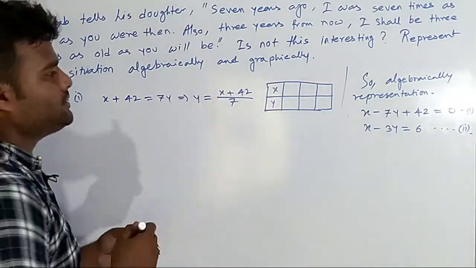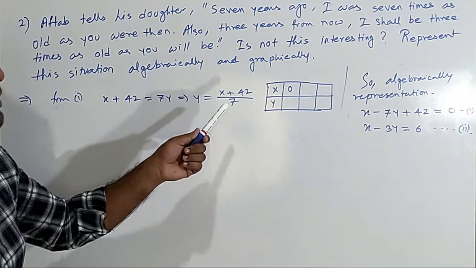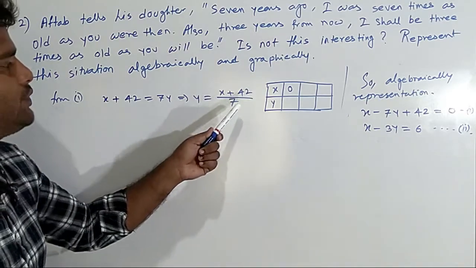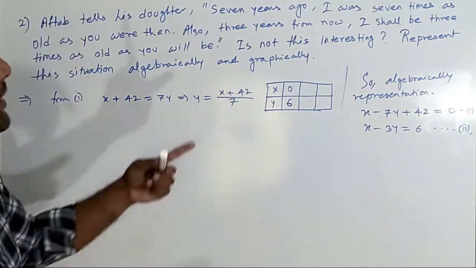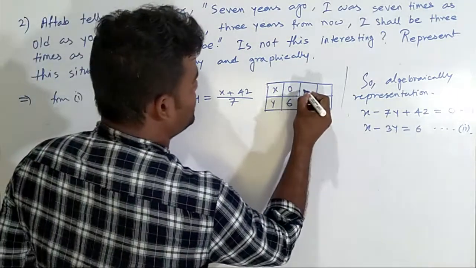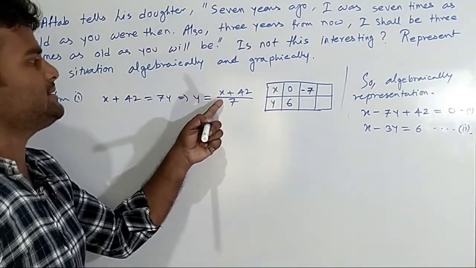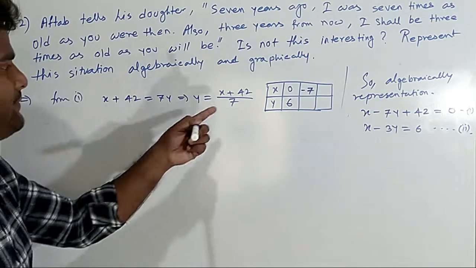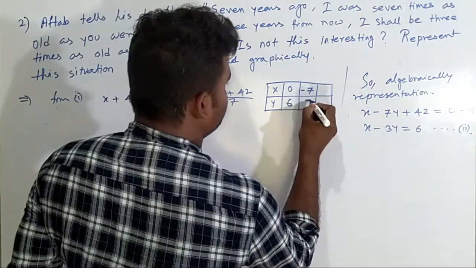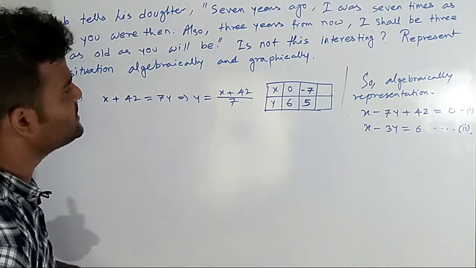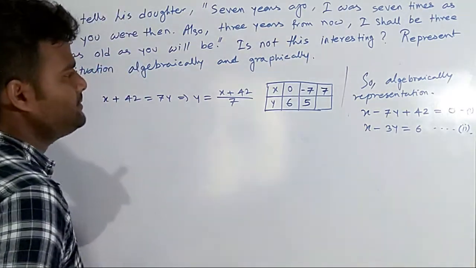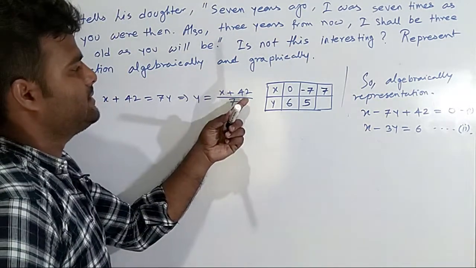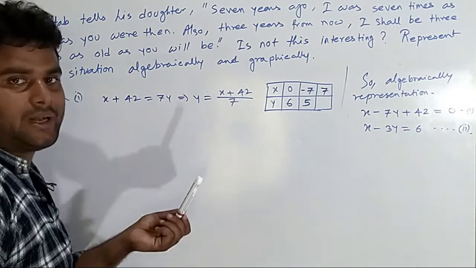For x equals 0, the value of y will be 42 by 7, that is 6. For x equals minus 7, minus 7 plus 42 is 35, 35 by 7, that is 5. If we put x equal to 7, then 42 plus 7, that is 49.